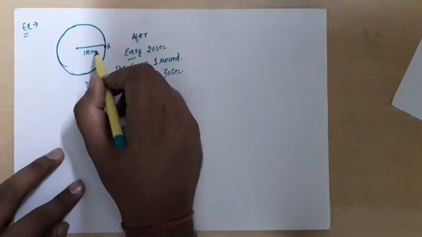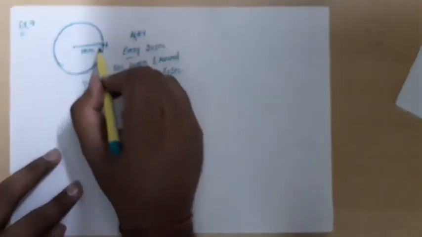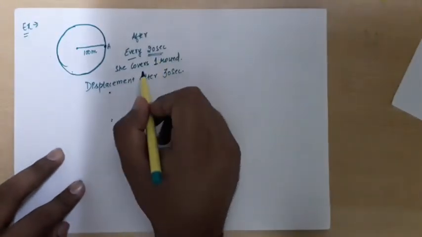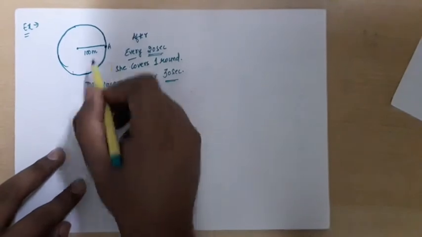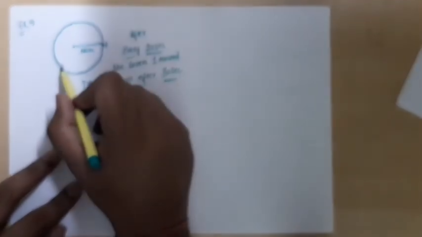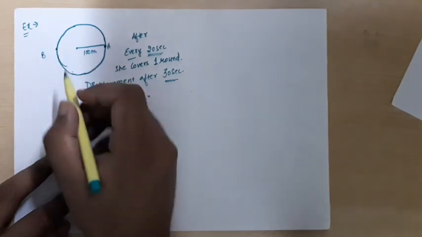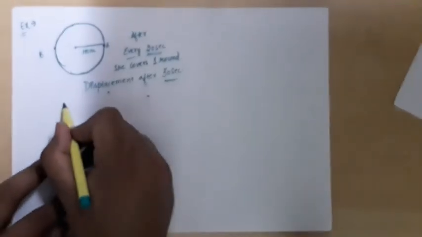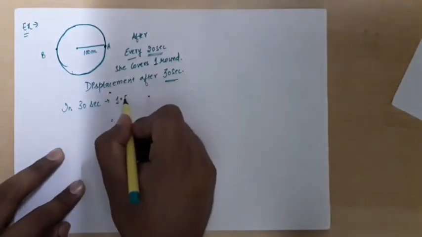So after 30 seconds her position will be here, right, at point B, because in 30 seconds she will cover 1.5 rounds.